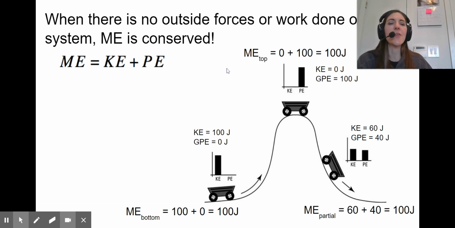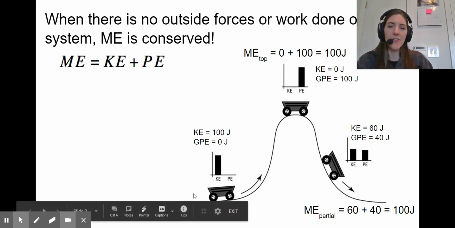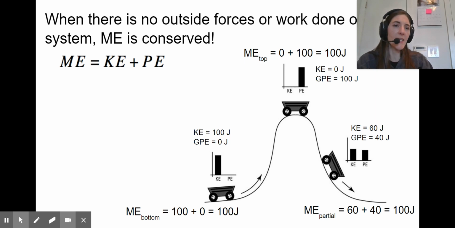If we were to figure out the mechanical energy at any point in this motion, it would be the same because it's conserved. So at the bottom, the KE plus the PE is 100 plus 0, which is 100 joules. At the top, 0 kinetic, but 100 potential, 100 joules. And partway down, it's 60 plus 40, which is 100 joules. So it is conserved.